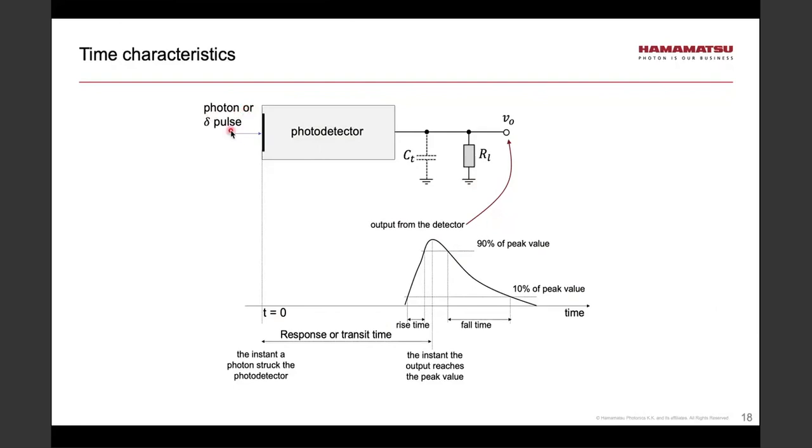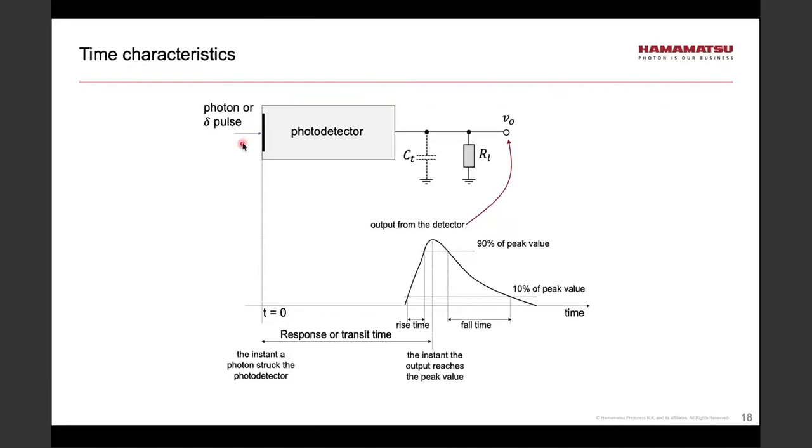By delta pulse, I mean a pulse of light that has no width in time. We're also going to assume that this illumination is uniform, which means the entire active area is uniformly illuminated. It doesn't have to be. There are many ways of doing this experiment, but in this discussion, let's just assume that that's the case. Probably the simplest way to think about it is just a single photon.